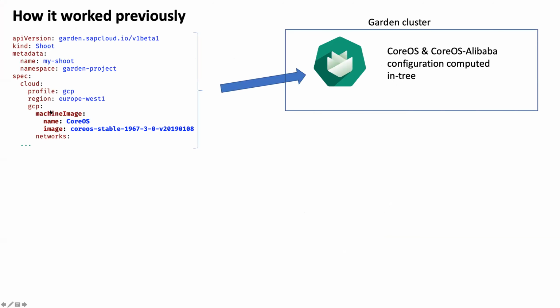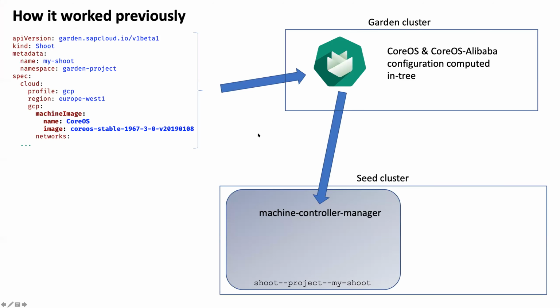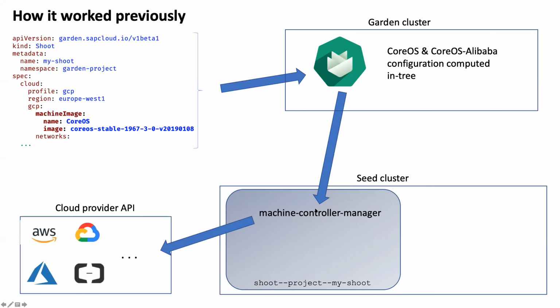Somebody has created a shoot, and in the spec at some specific place, there was a reference to the machine image that should be used. Gardener read this information, understood it, and generated the CoreOS specific configuration, which later was passed to the machine controller manager. And then the machine controller used this configuration in order to create the machine with the provided user data.